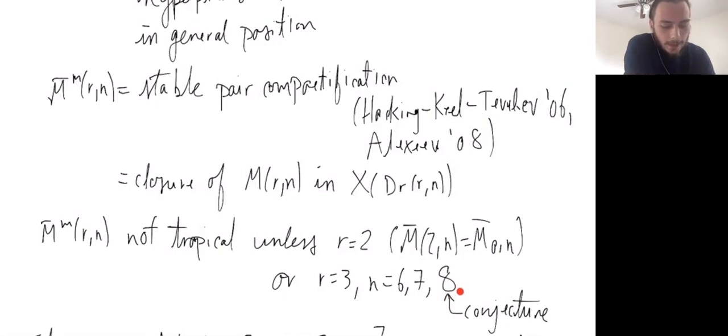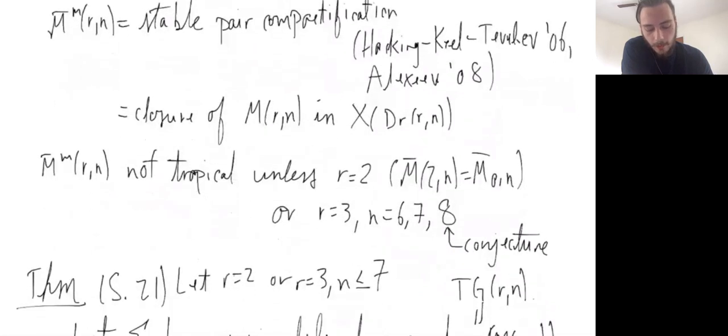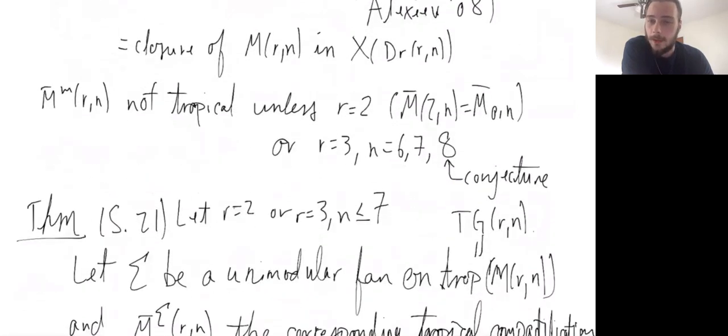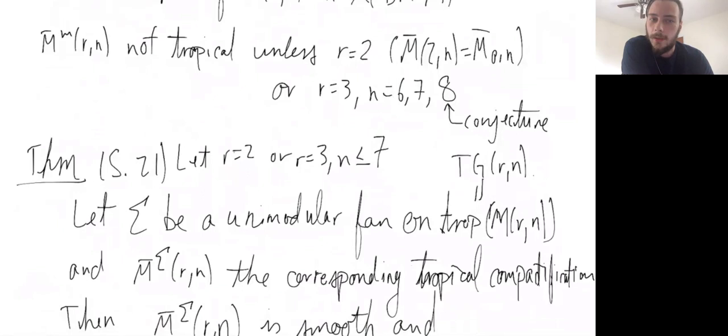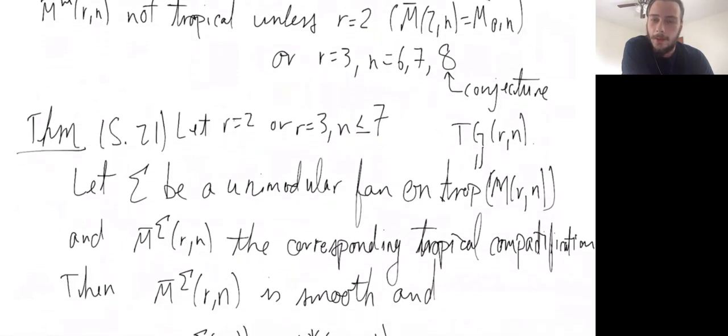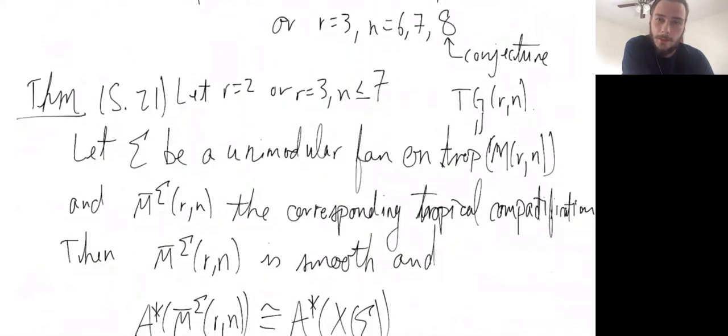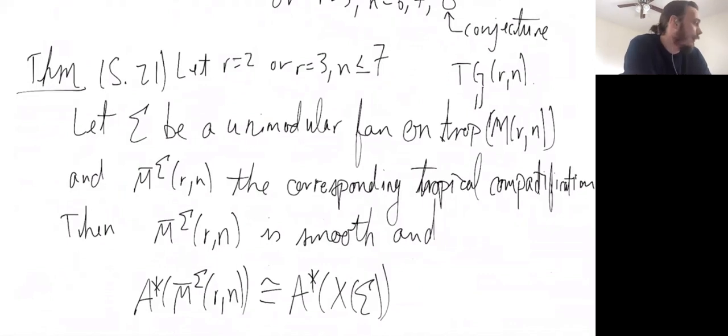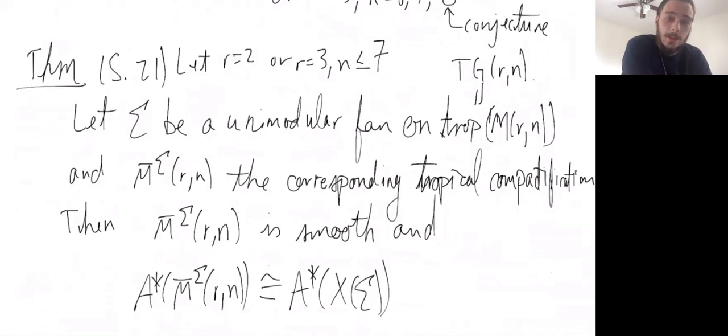And it turns out that in these cases, where this compactification is tropical, we can use the results that I've discussed above to describe what the intersection theory is.